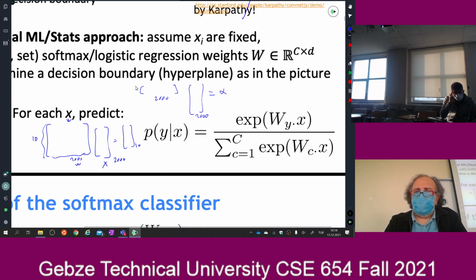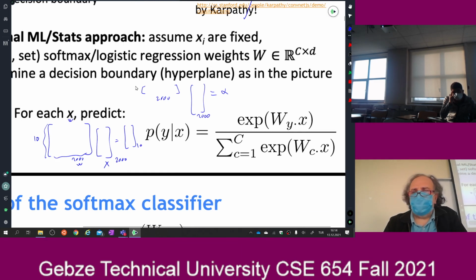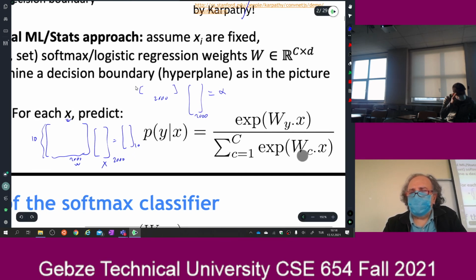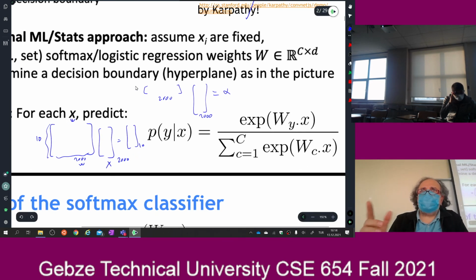And I am going to do this operation for all the rows of the matrix W, one by one. Each row represents a class actually. So what does this mean?